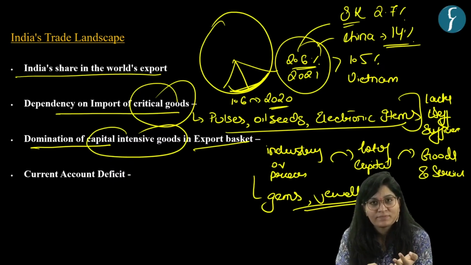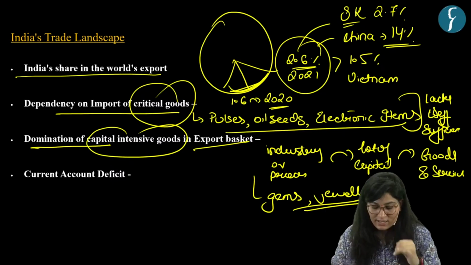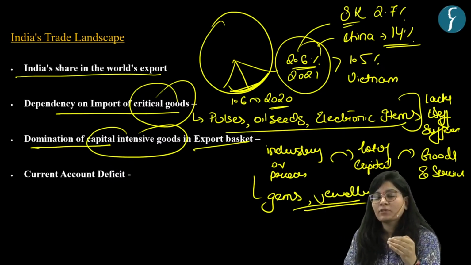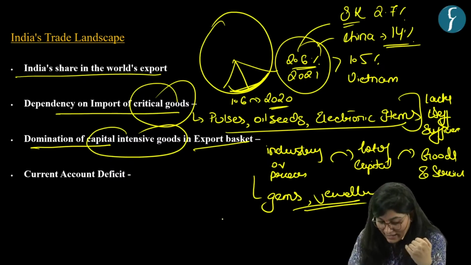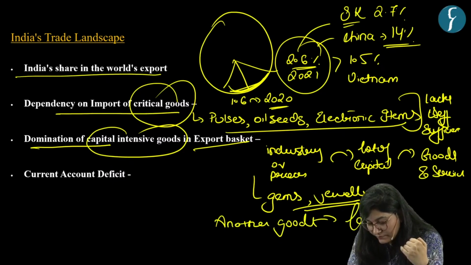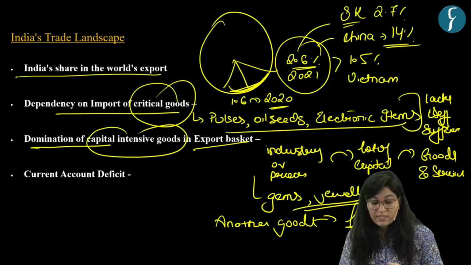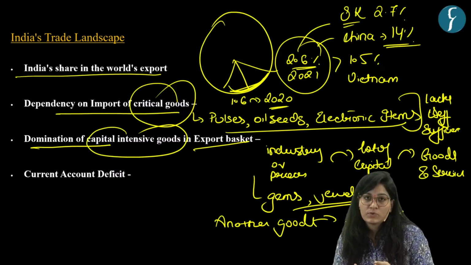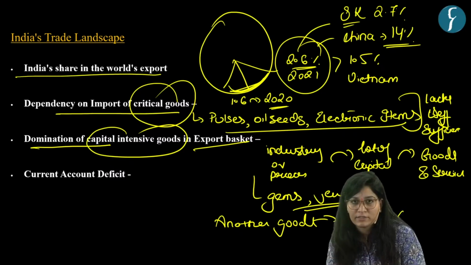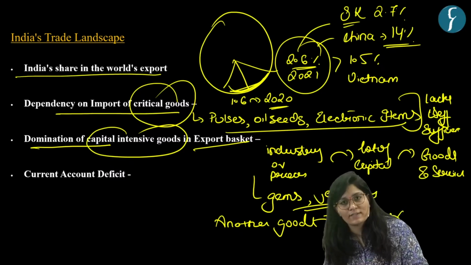machinery, industries. But India's domination of capital intensive goods is more than another type of goods, that is labor intensive. Now labor intensive goods are those goods or industries which depend on a large amount of labor for the production of goods and services.